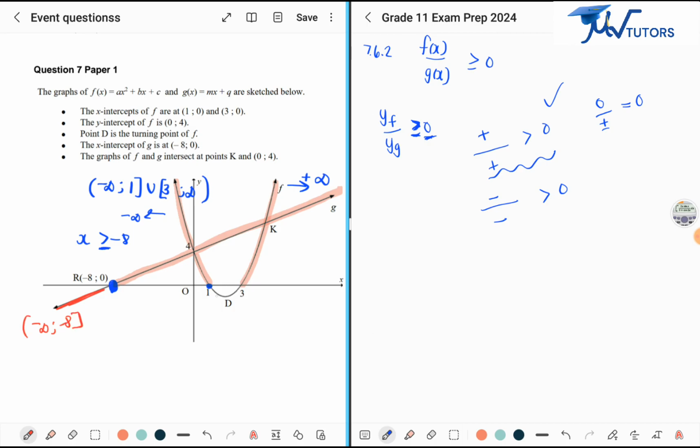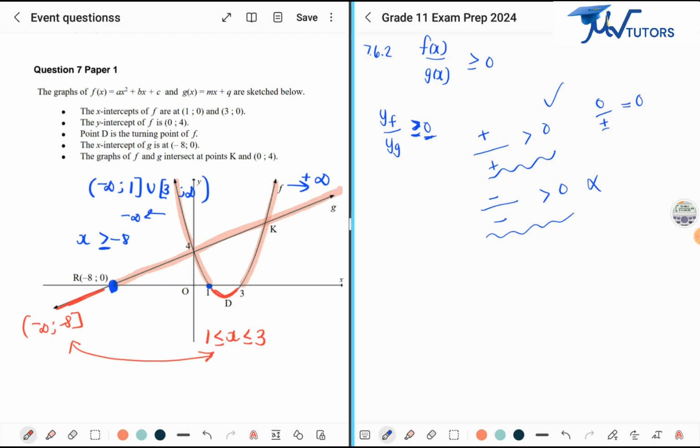But we have negative values for f only when x is in between positive 1 and 3. So we don't have a point where g and f are both negative at the same time. So this one will not be applicable. All right, so that doesn't work.